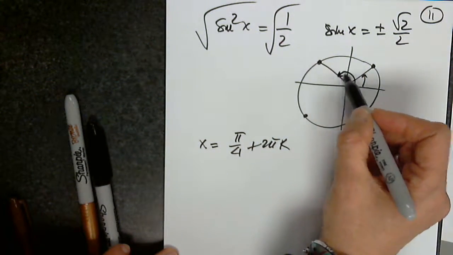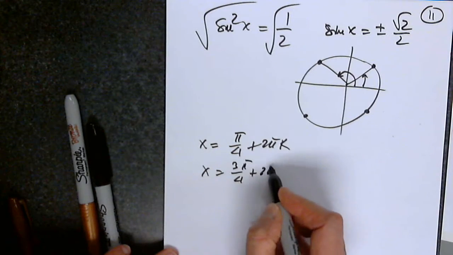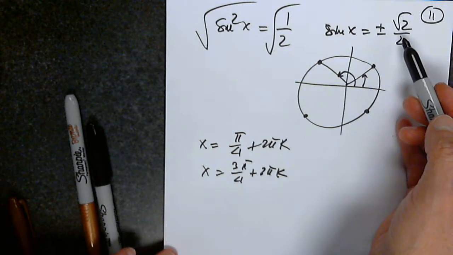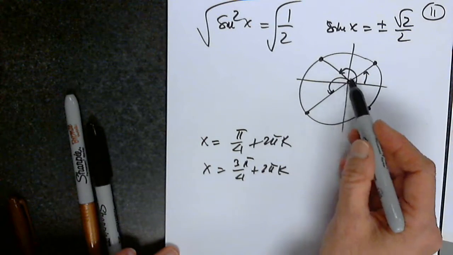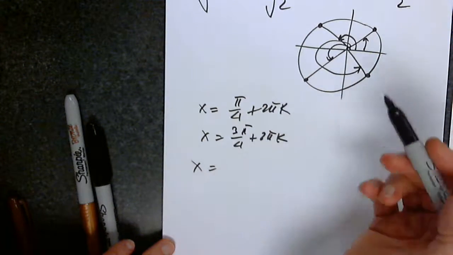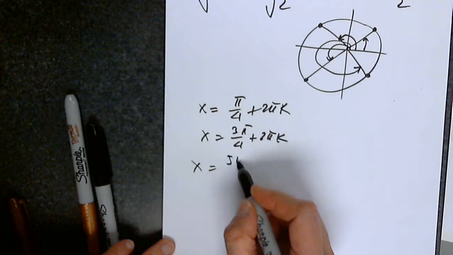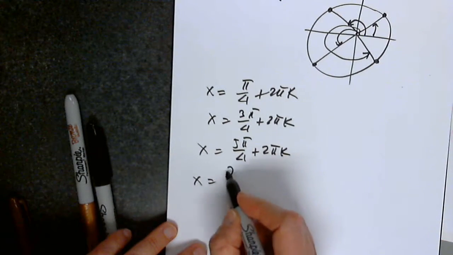Then this one, 3 pi over 4 plus 2 pi k for the positive solution. This one and this one for the negative solution, negative the square root of 2 over 2. So here I'm at 5, and here I'm at 7.